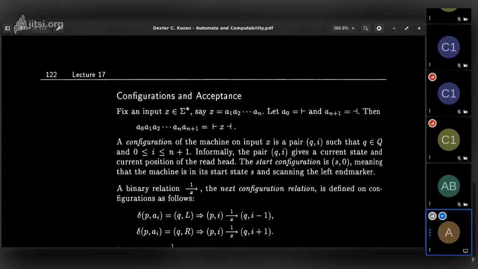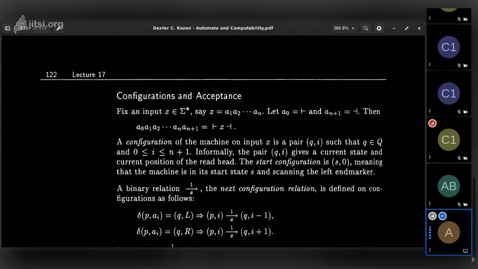The configuration is normally represented like this. Suppose you are in state p and the symbol being processed is ai, and the read head is at position i. That means the read head is pointing to the ith cell. Suppose you are moving to state q on the left side.